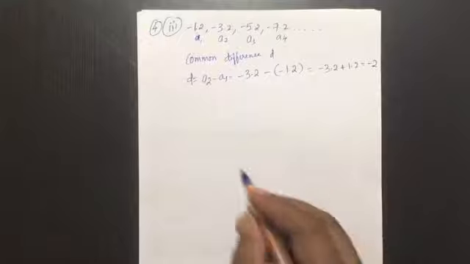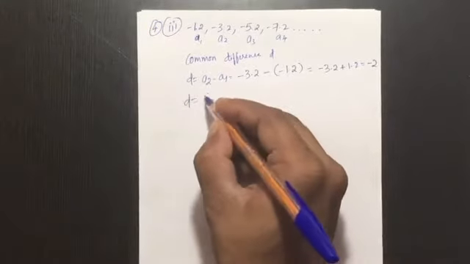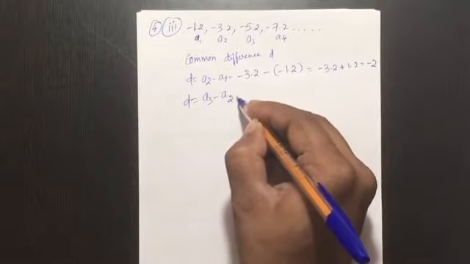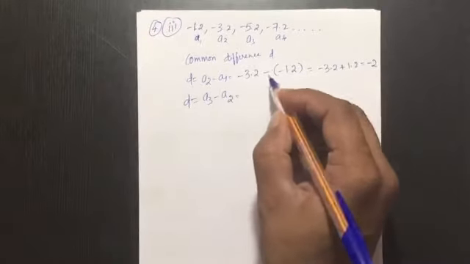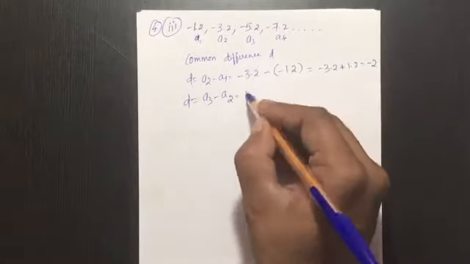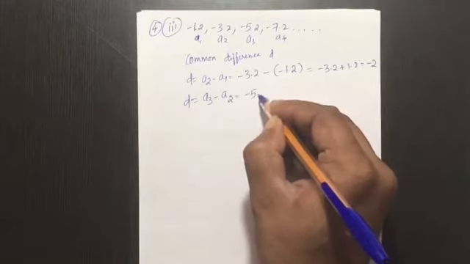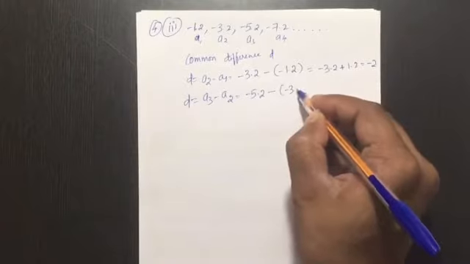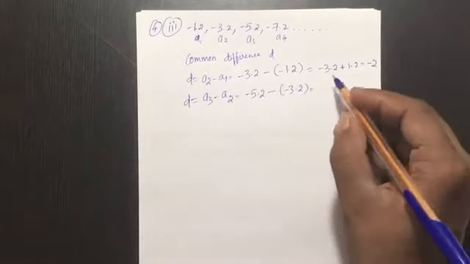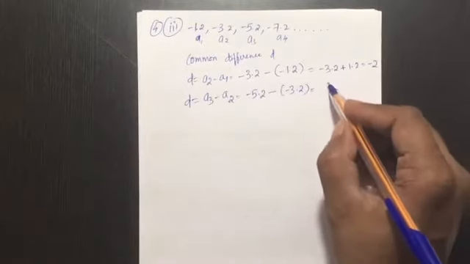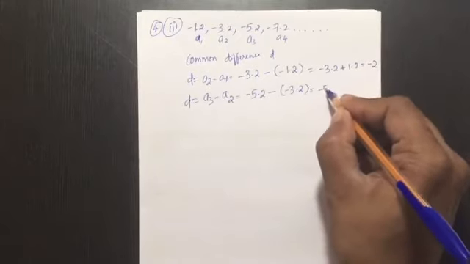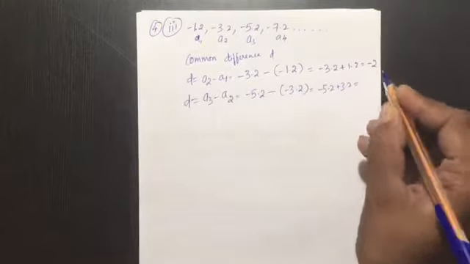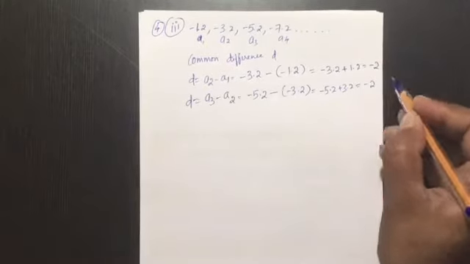Okay. So similarly, D is equal to A3 minus A2. A3 is minus 5.2 minus, minus 3.2, so here minus 5.2 plus 3.2 is equal to minus 2.